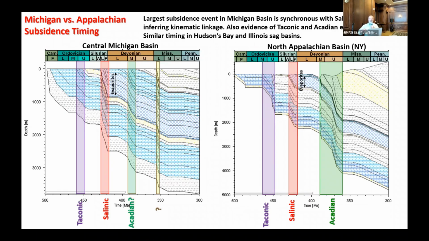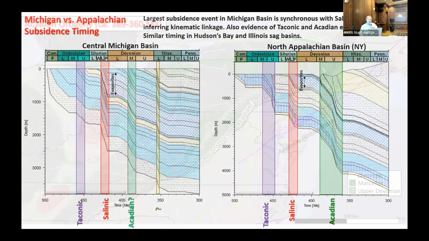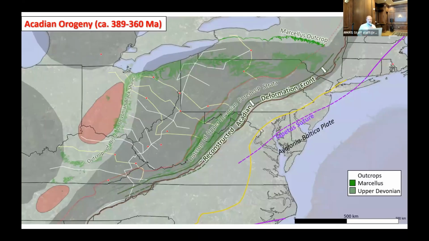So it's kind of a far-field linkage, whether there's inherited crestal weaknesses there and it's buckling. I'd like that. I'm sort of looking for that, but I haven't seen evidence yet, but that's the correspondence that we see. So the Acadian is a really big one here.